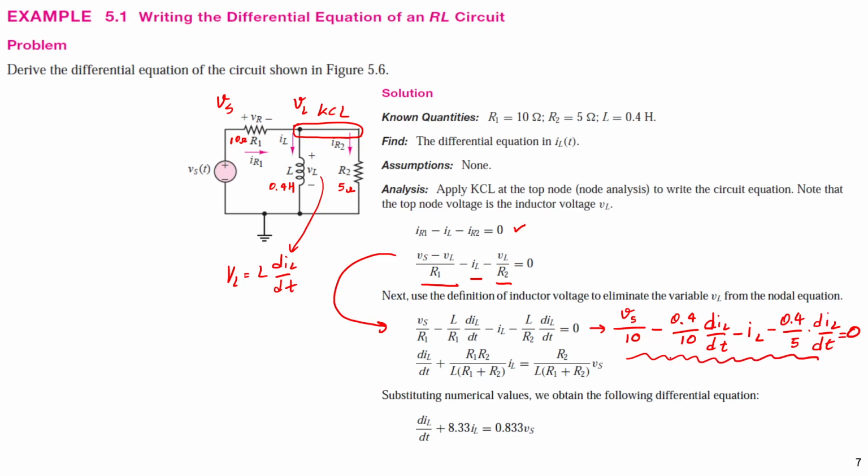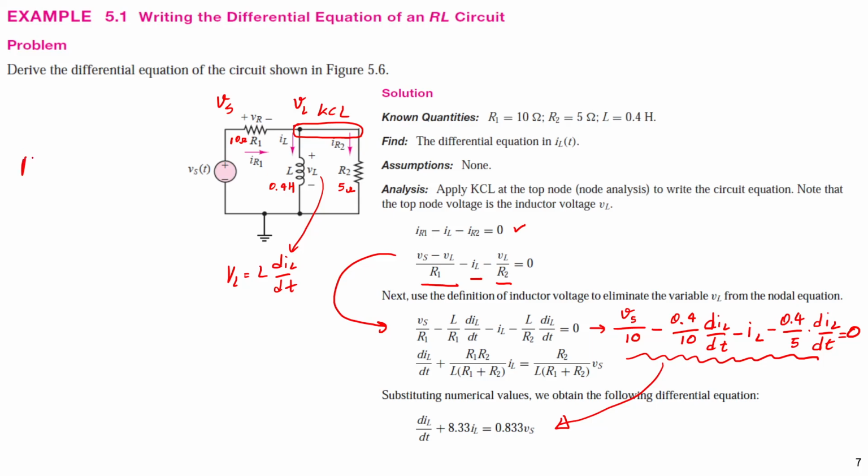Then we rearrange into this function. We can just substitute R1, L and R2, and then rearrange into this equation. And if we know Vs, we just solve for IL.